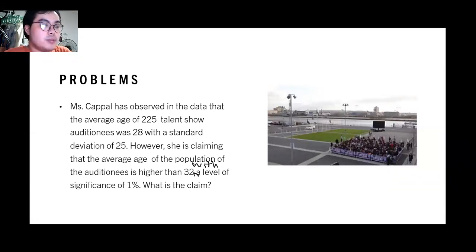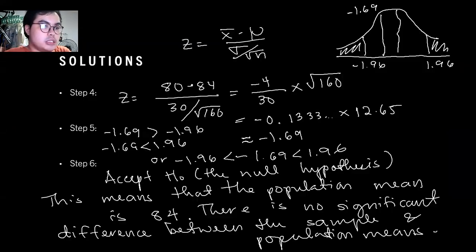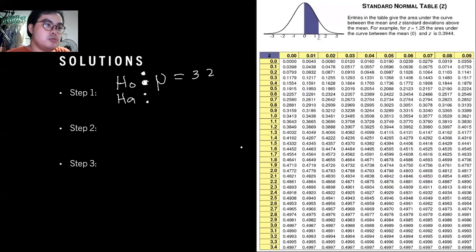Yung alternative hypothesis, yun yung palaging kiniklaim, or binibilieve, or ni-report, or ina-assume. Okay, so the alternative hypothesis is mu is greater than 32.